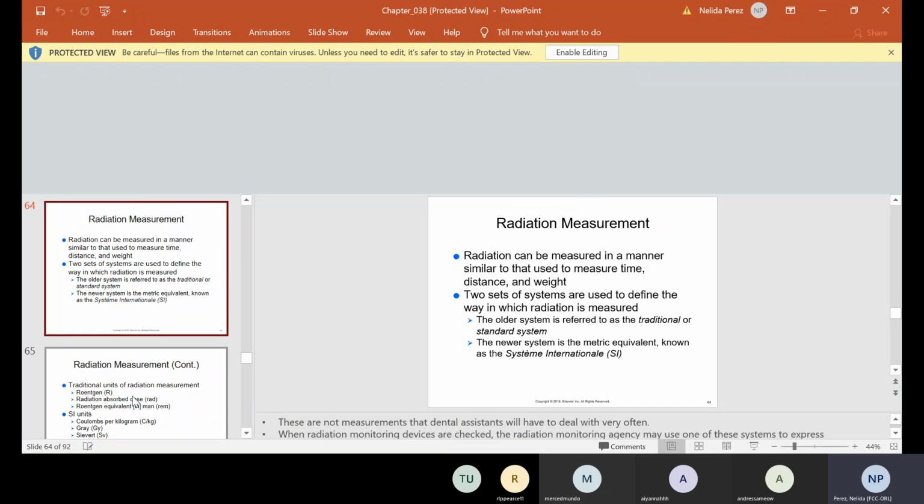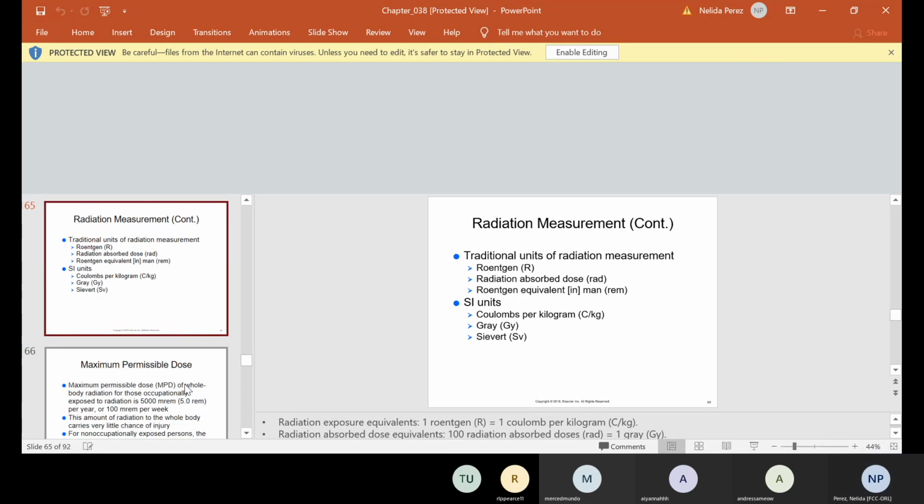Now, radiation can be measured in a manner similar to that used to measure time, distance, and weight. There are two systems used to define the way in which radiation is measured. The older system is referred to as the traditional or standard system, and the newest system is the metric equivalent known as the SI, the Système International.